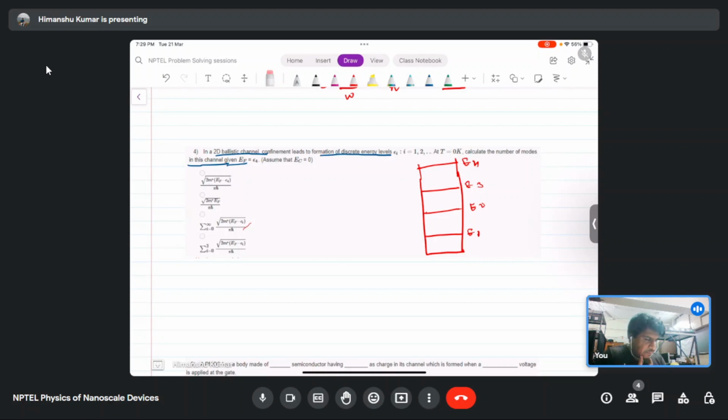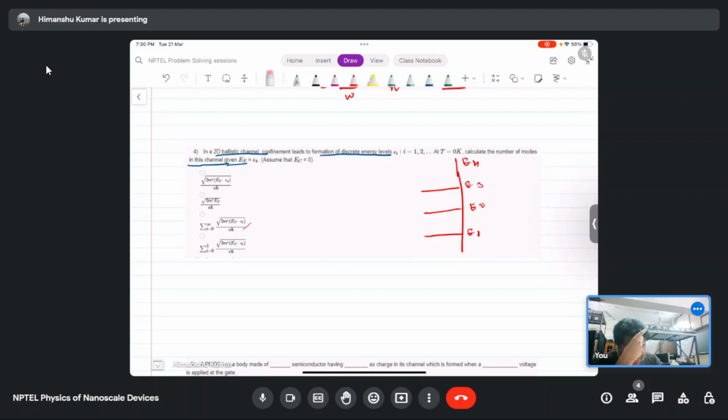To calculate the number of modes, we only need to consider the levels below EF.